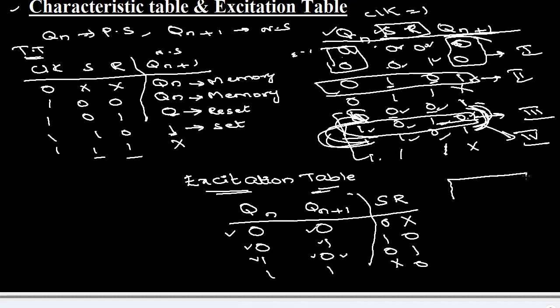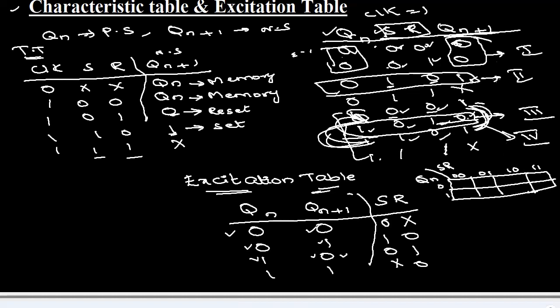So I am drawing a 3 variable map for Qn, S, R.